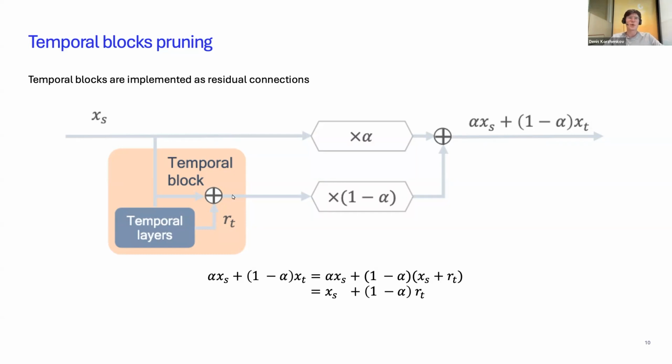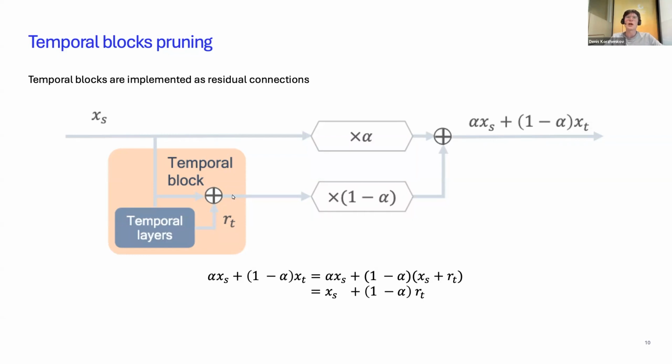But as I have put it in the bottom of this slide, you can simplify this operation. And it turns out that actually this XS output of spatial layers can be thought of as an untouched tensor.